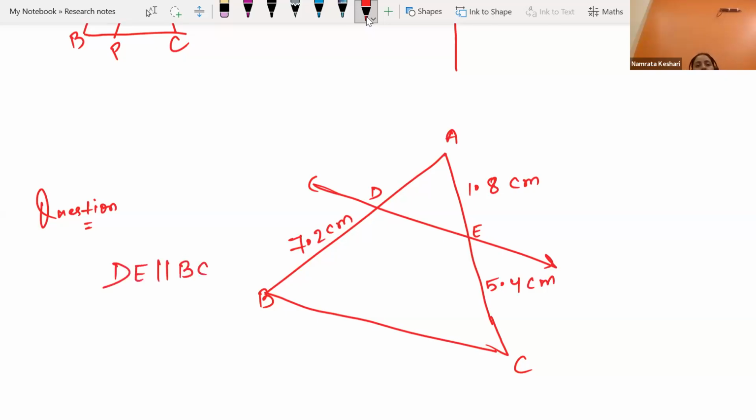If we only know that the lines are parallel, then we can compare the ratios by ourselves. That's what the Thales theorem, the basic proportionality theorem, says: if there is a line parallel to one of the sides, then the ratio will be the same. Which ratio? AD by DB is equal to AE by EC. Are you getting it, Zoha? Yeah, I'm getting it. Okay, please find the unknown side, that is AD.